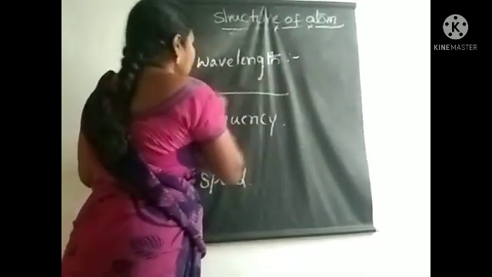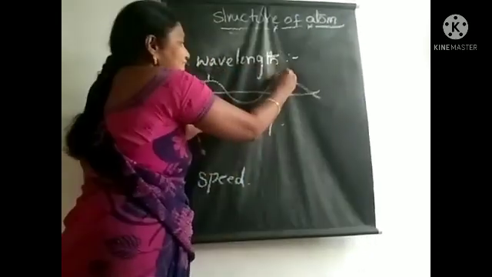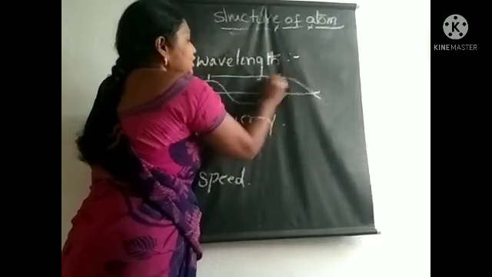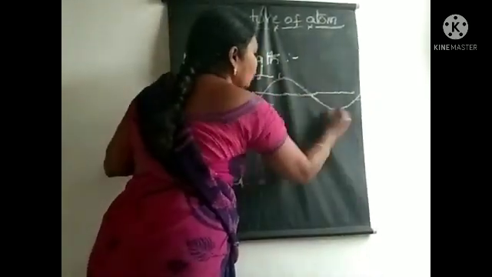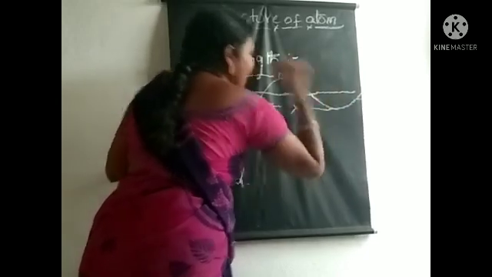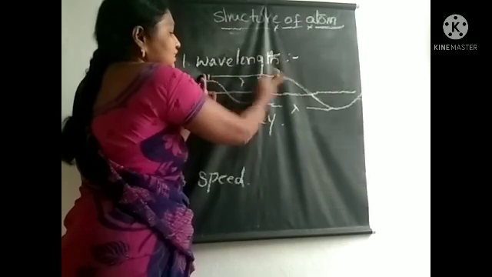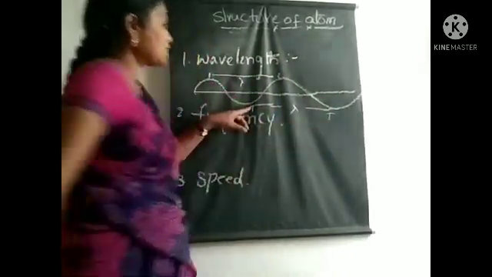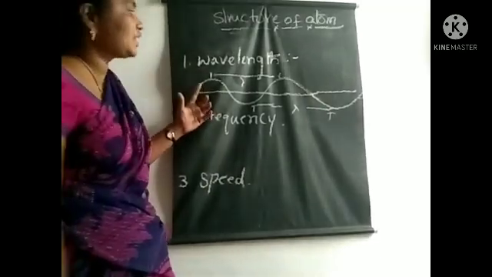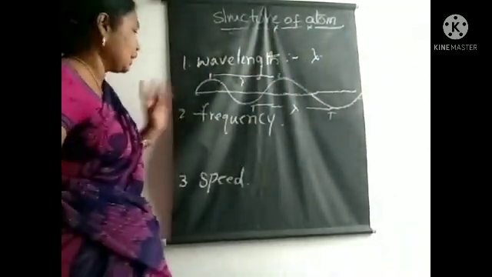Here, observe, this is a wave. The distance between two crests, or the distance between two troughs, is known as wavelength. Wavelength is denoted by lambda.